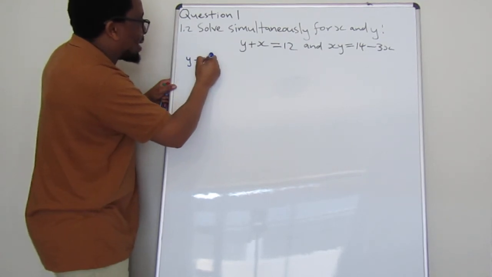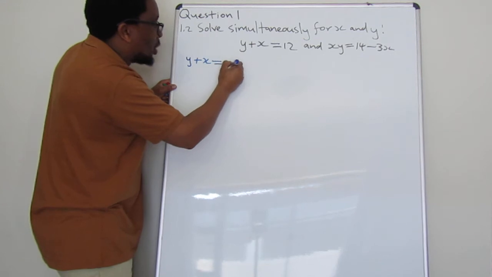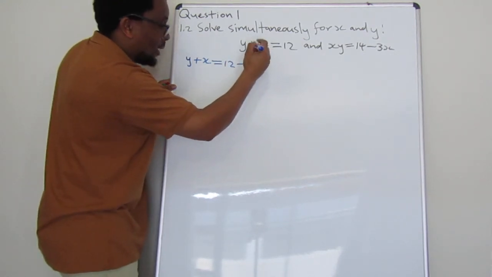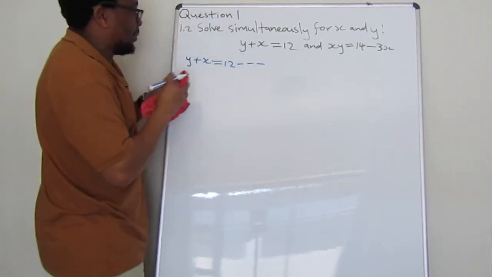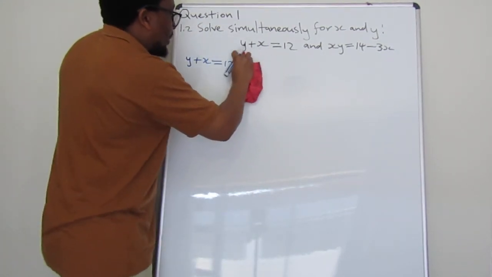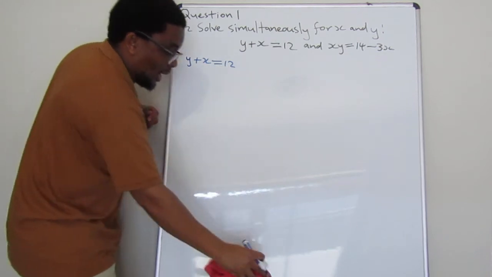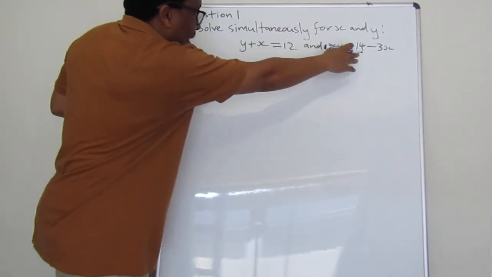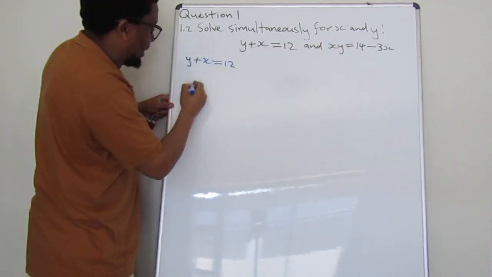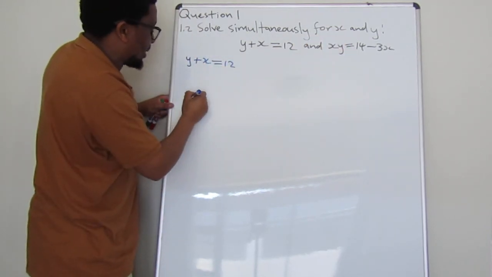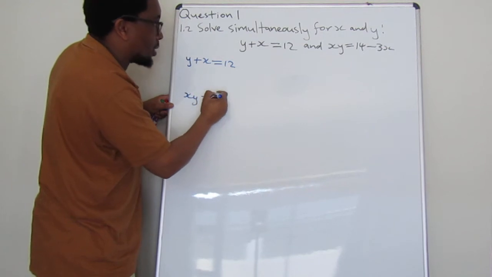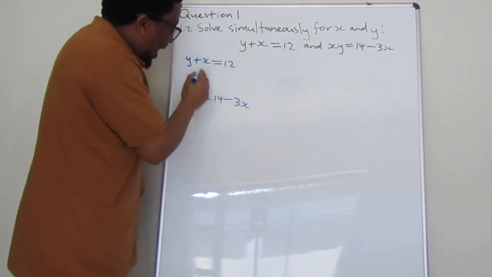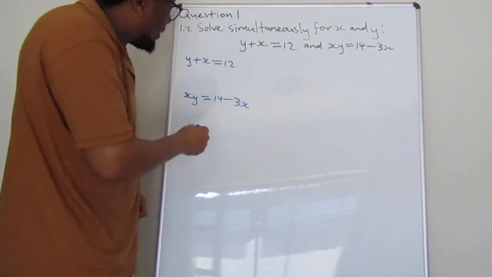I've got this equation here, y plus x equal to 12. And another equation, which is what? I'll write this other equation here: xy equal to 14 minus 3x.